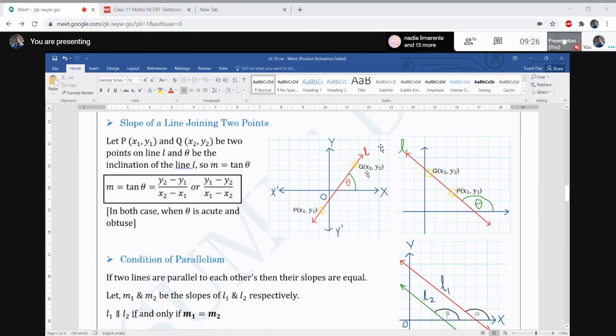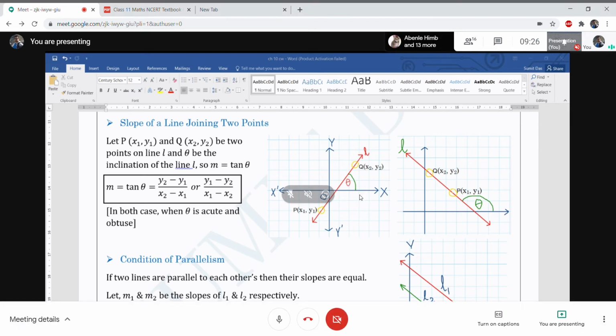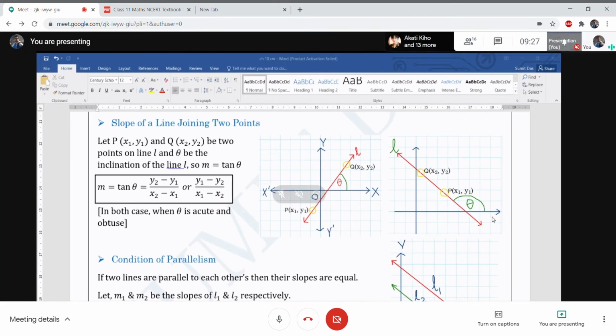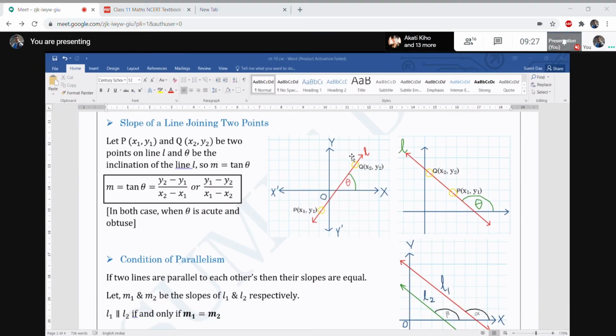Now we were talking about an acute angle, right? You can see the line L is making an acute angle with the x-axis. But a line can also make an obtuse angle. Whenever the line makes an obtuse angle, the formula is the same.